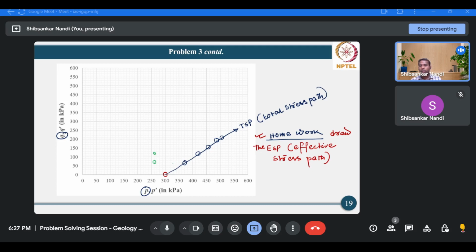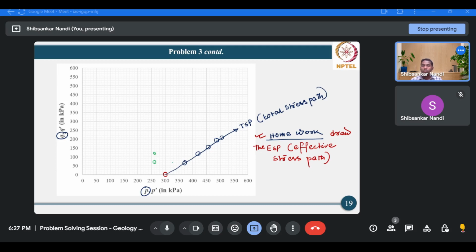And if you face any difficulties in drawing this stress path, then please let me know in the upcoming session. Okay. So this is all about problem 3.